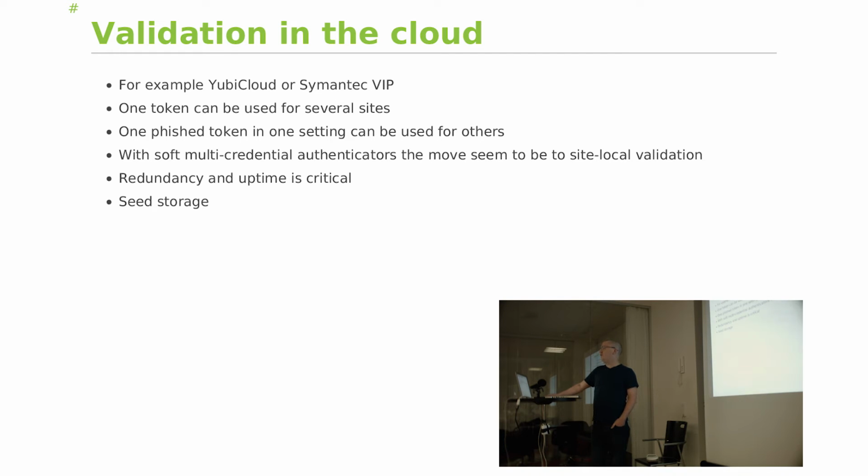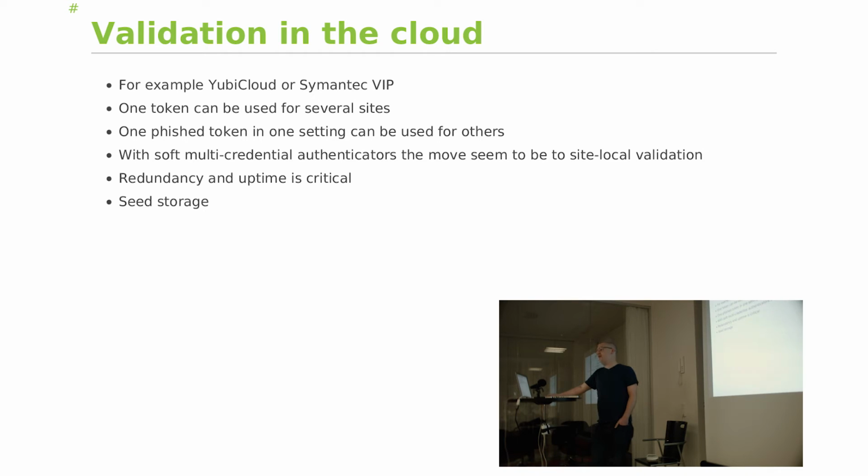Symantec is running a service they call Symantec VIP for HOTP. You might have heard of the YubiKey VIP that is using the Symantec VIP service. I don't know how available that is in Sweden. I think PayPal is using that in the UK, for example.